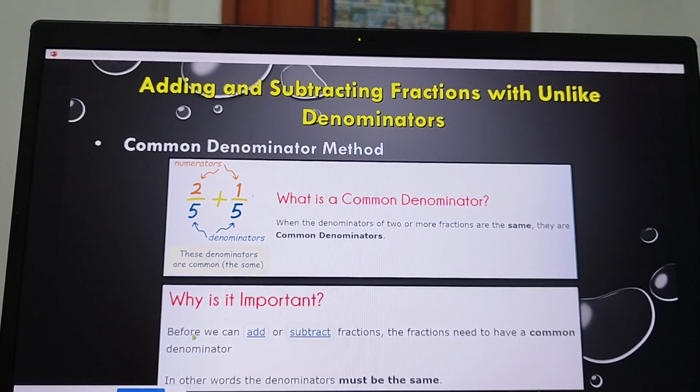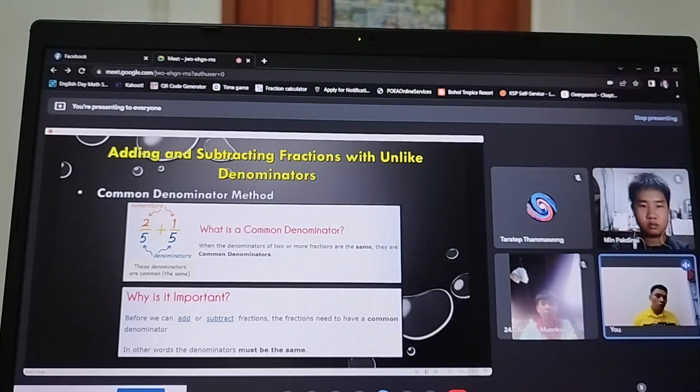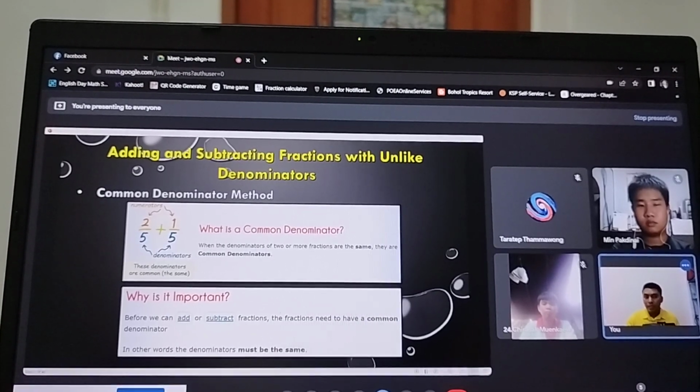Because before we can add or subtract fractions, the fractions need to have a common denominator. In other words, the denominators must be the same.